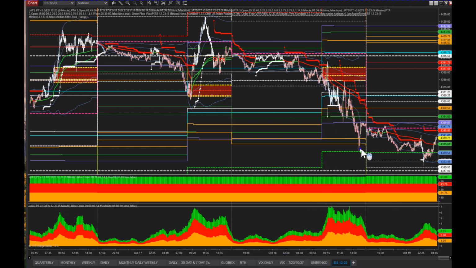And then it bounced after the earnings, but it came all the way down to the RTH3. And now we're catching a bid off of the weekly daily. So just pay attention to where your threshold is.